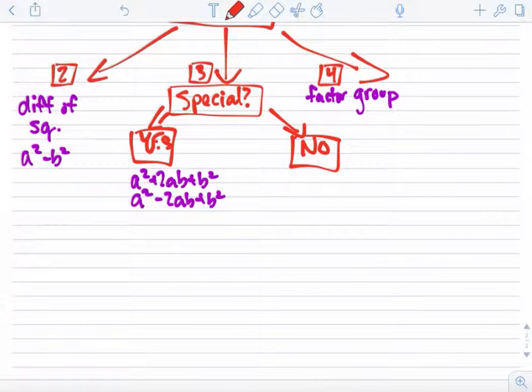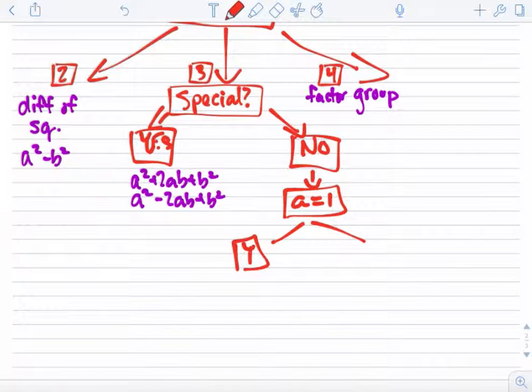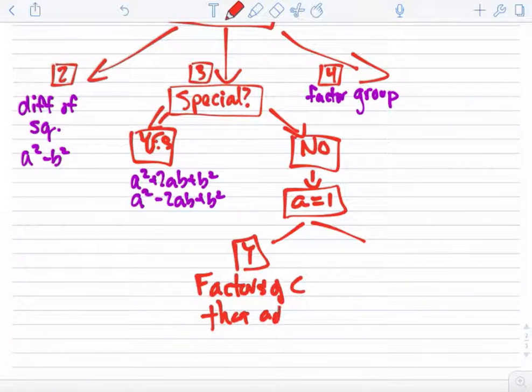If it's not special, you're going to check, is a equal to 1? If that's a yes, then you look for factors of c that add to b.